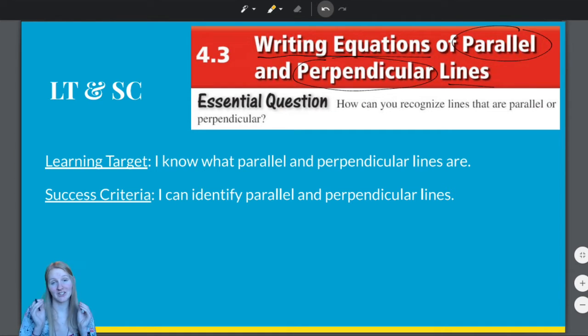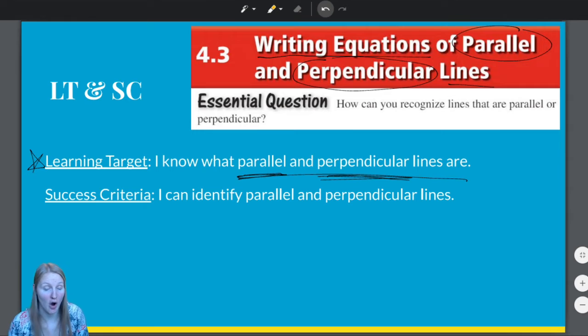So the focus today is going to be on parallel and perpendicular lines, and then in the following videos we will focus on writing equations of parallel and perpendicular lines.